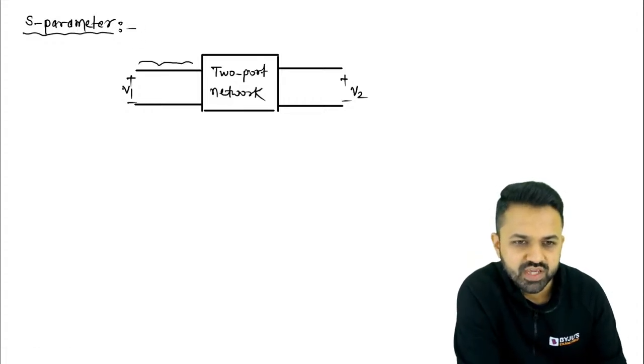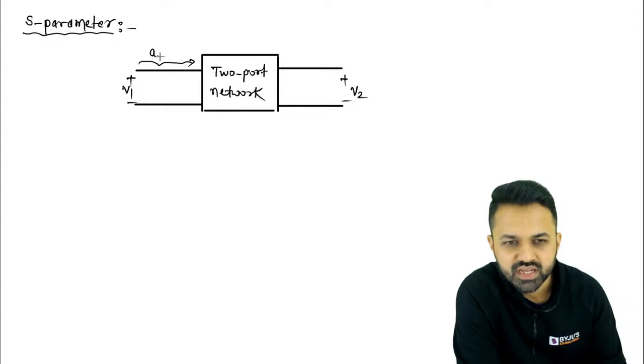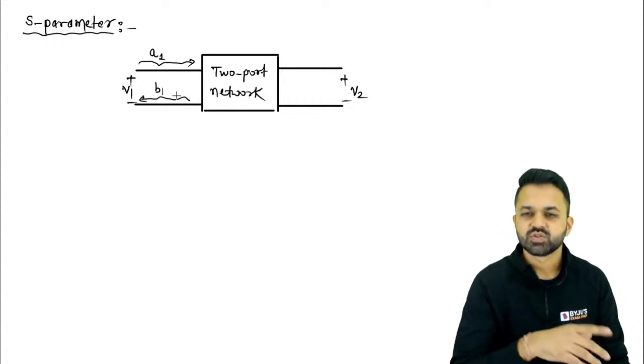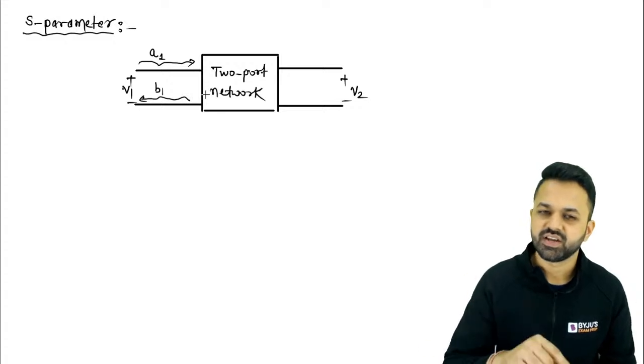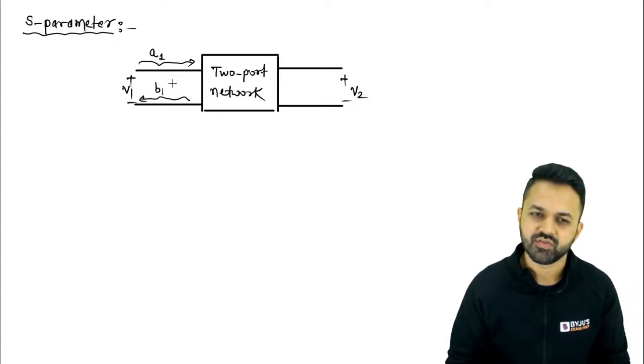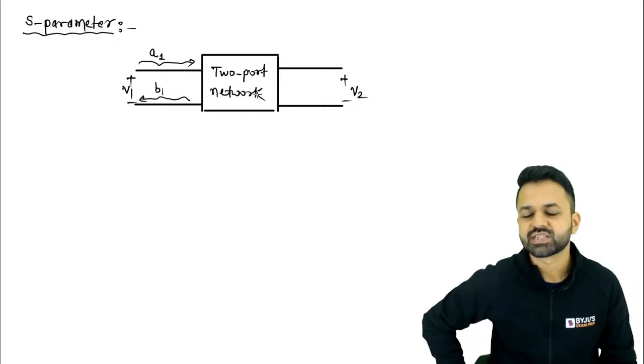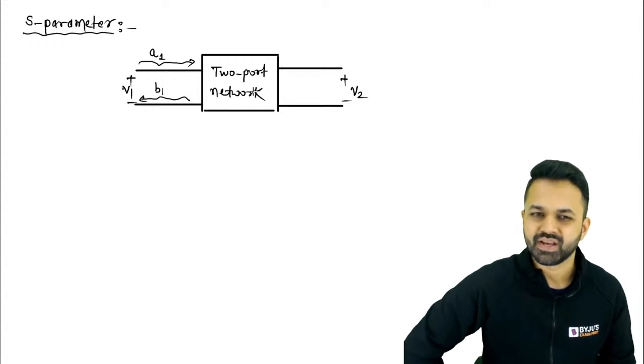Okay, so now here we will get the incoming wave and the reflected wave, which is B1. The incident wave is A1, the reflected wave from port 1. This is port number 1. We will discuss only the 2 port network for the S parameter.